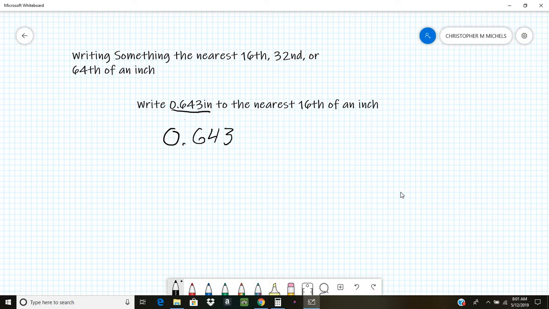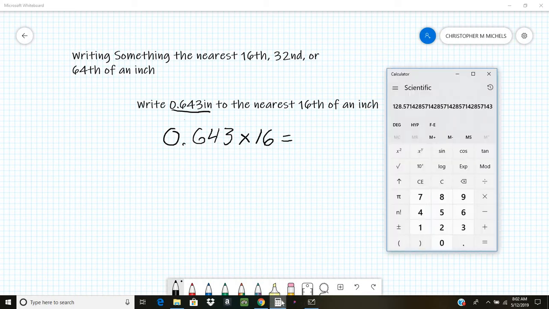And what we do is we multiply this by 16. Because what this will tell me, and you may recall similar methods from the last section, is we're basically finding how much of a 16th this is exactly. So take out your calculator. We take 0.643 and multiply it by 16.